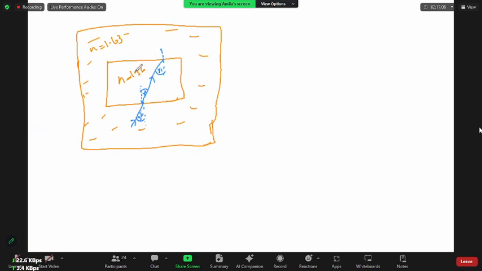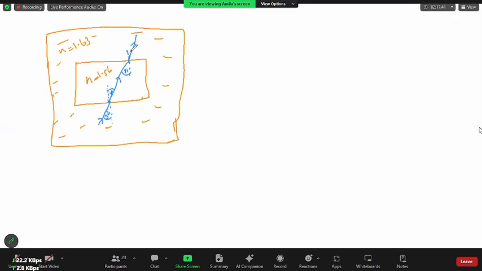It is low dense to high dense, so this is towards the normal. The question asks, at what angle does the light beam leave the slab? Actually, it asks for this angle. Let's take it as alpha.